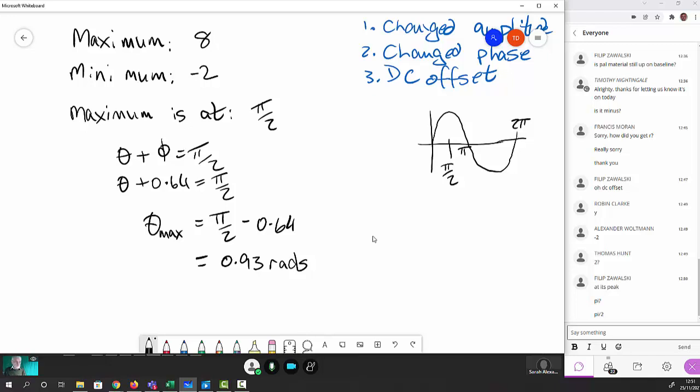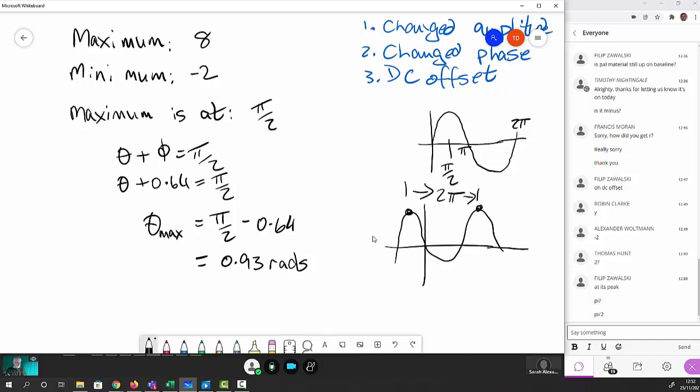Now, if you had a graph that looked like this, and the question said what's the maximum value of the first positive value, and you calculated that one, so you got this answer to be negative, then all you would do is add 2 pi to the answer to get the value there.